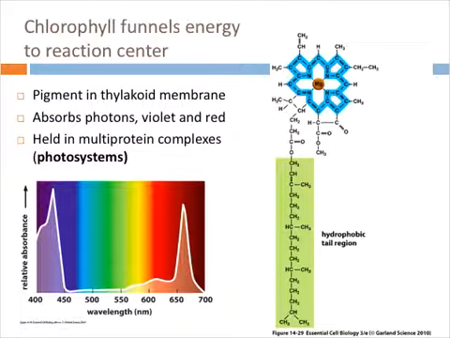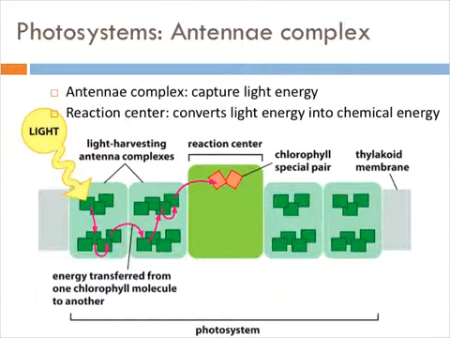And that's what's going to be happening as that energy is bounced around in what are called photosystems. So photosystems are where light energy is converted to chemical energy in the form of a high energy electron that can be transferred from one thing to another.